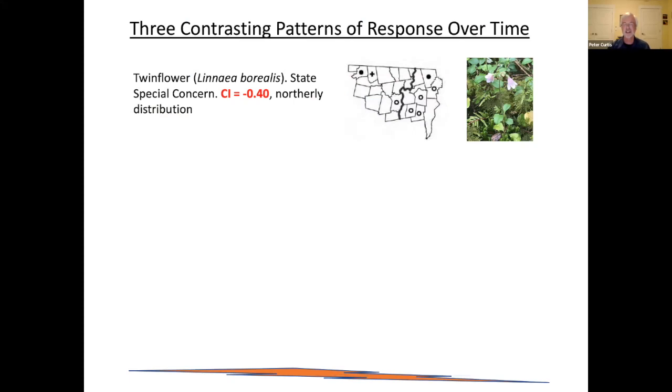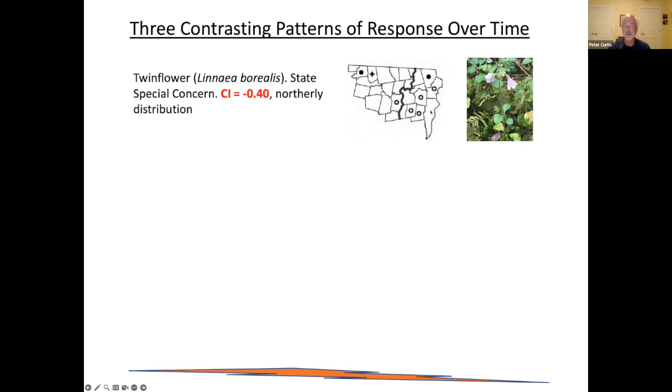And the first is kind of the poster child for a northerly species that's declining, and that's twin flower. And I hope many of you have seen this. If you go to Maine or up into Canada, it's quite common, but it's uncommon and declining strongly in Massachusetts. And so that change index is negative right here. You can see negative 0.4. And here's what they found.